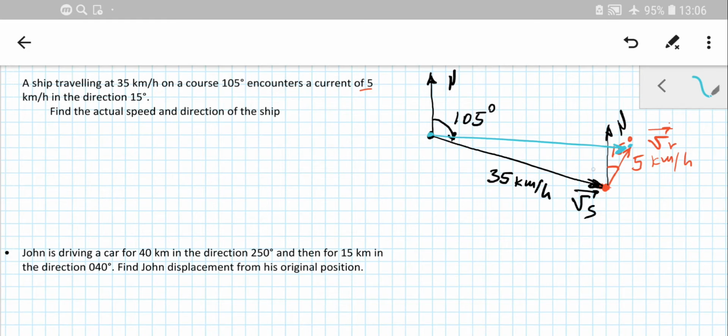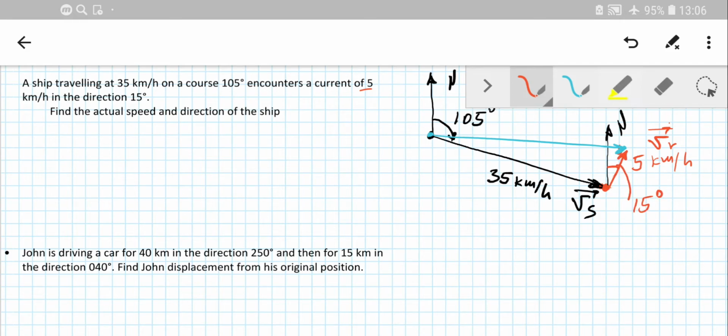Okay, so 15 degrees, now it's overlapped. Anyway, we'll try to maybe reset it up. Okay, so that's the angle of 15 degrees. So we've got the resultant vector for the ship. I put res, that indicates the resultant vector.